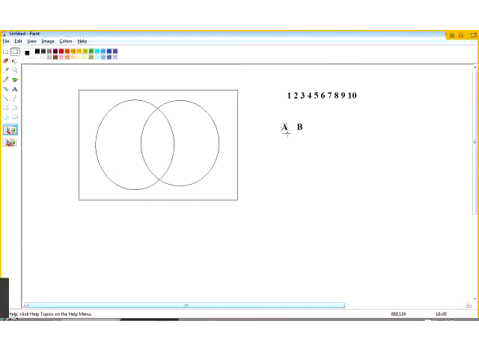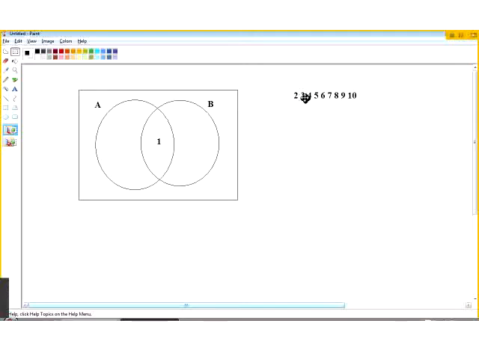So let's start putting information in. We have our two sets, set A and set B, and we're putting our elements into the sets.